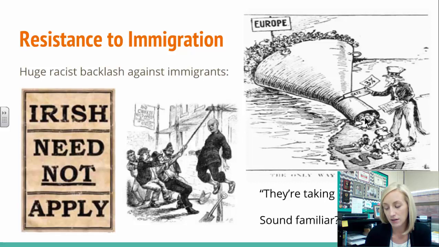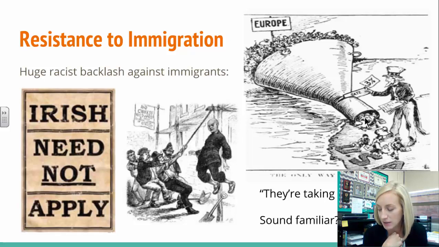And even later on in the 1900s, so this is around the mid-1890s, later in the early 1900s, there were even quotas put in place to keep immigrants from coming here as a response to this backlash. And you've probably heard, even today, but it was kind of a sounding board back then, that immigrants are taking our native United States Americans' jobs, right?